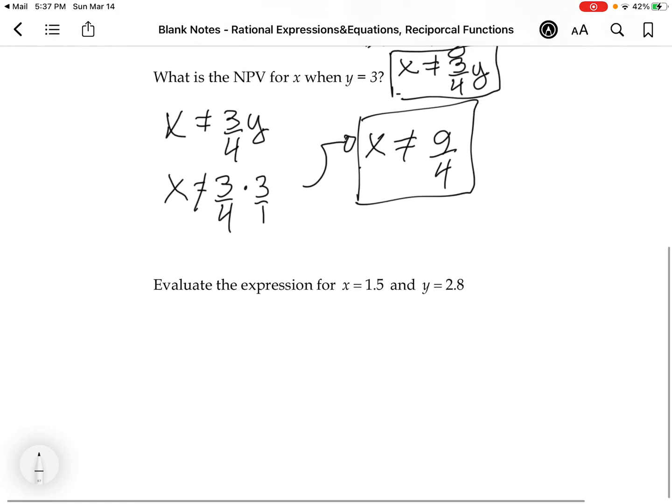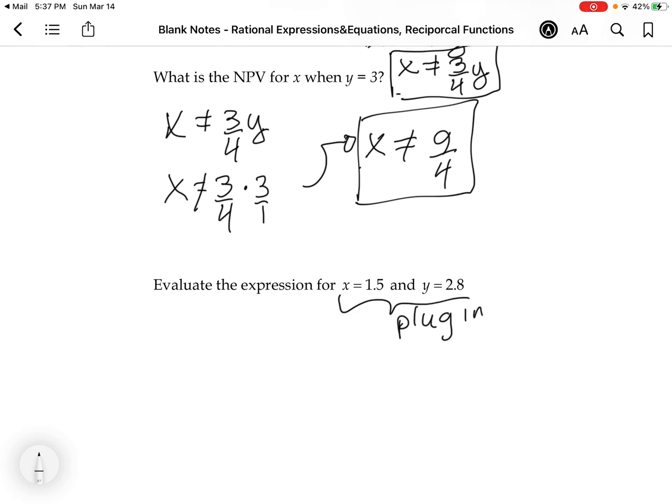So that simplified expression is 4x plus 3y over 2.